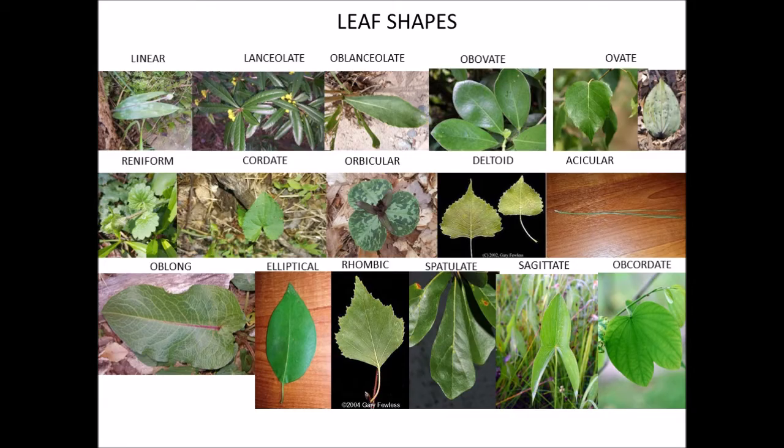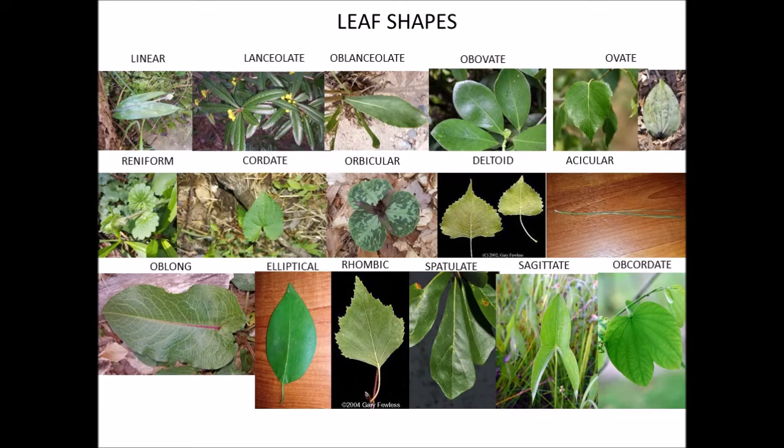Then on the left middle picture, you have reniform, which is a kidney shaped leaf, cordate, which is a heart shaped leaf. Orbicular, this is a trillium with 3 very rounded leaves. Deltoid, which is triangular, as in these cottonwoods.